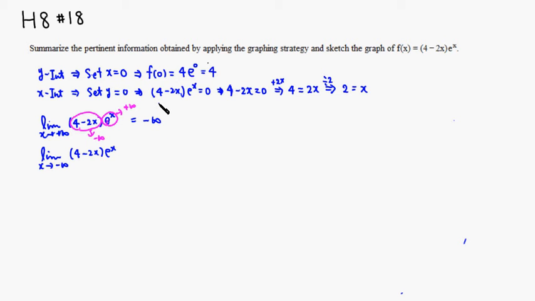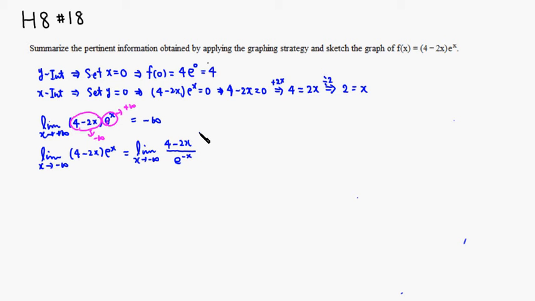Alright, so what if x approaches negative infinity? I'm going to rewrite it this way: the limit as x approaches negative infinity, putting the 4 minus 2x on top. Multiplying by e to the x is the same as dividing by its reciprocal, e to the negative x.